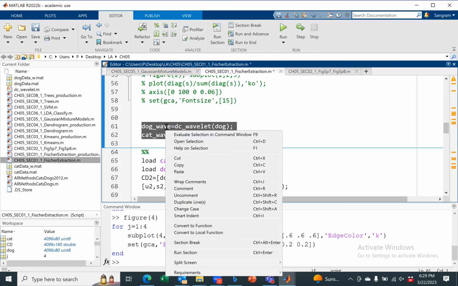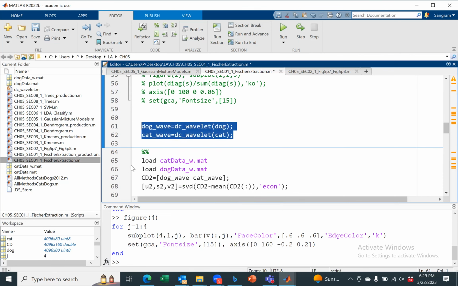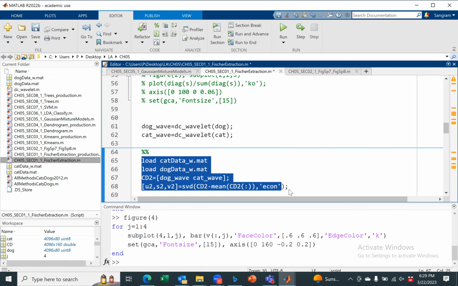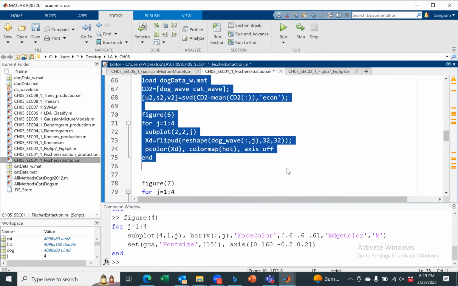You actually don't have to do this, because if your data set contains cat data w.mat and dog data w.mat, these are the wavelet transformation. So you can just load this, and now you can repeat the exact same procedure on the wavelet of the data set.